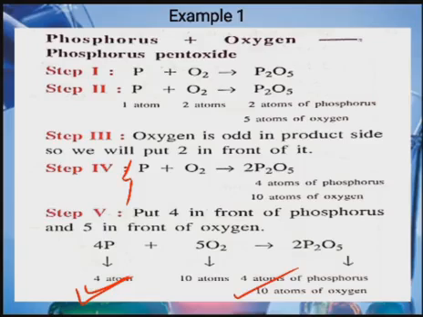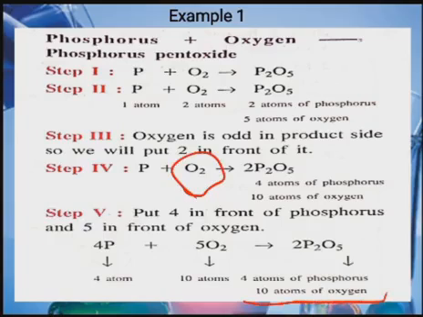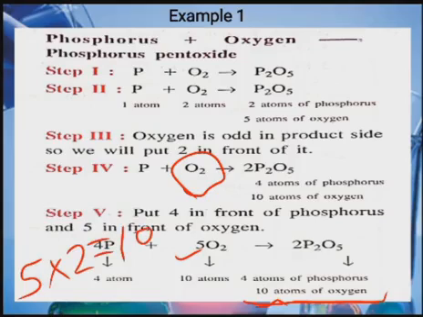Now we will balance the number of oxygen atoms. Here you can see 10 atoms of oxygen on the product side, but on the reactant side only 2 atoms of oxygen. So to make it 10 atoms of oxygen, we will simply put 5 here. 5 into 2 makes 10 atoms of oxygen.